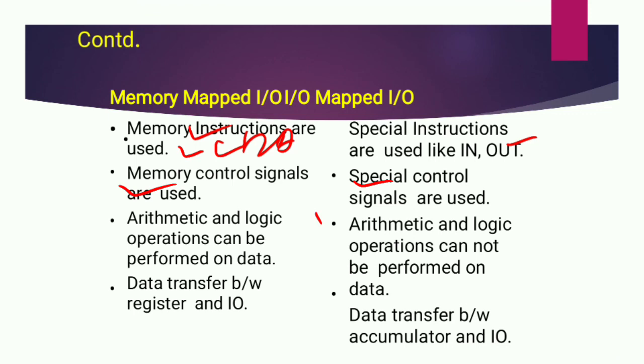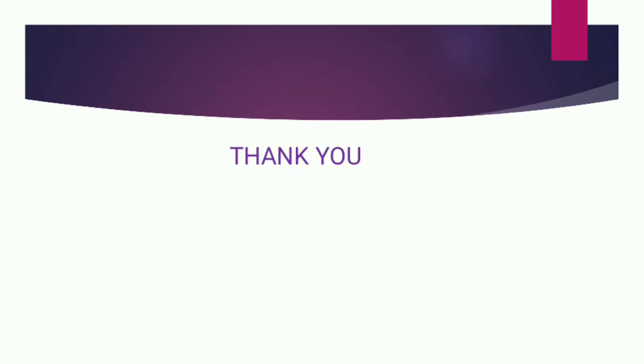In IO mapped IO, ALU or arithmetic logic operations cannot be performed on data. In memory mapped IO, data can be transferred using any register of the processor. In IO mapped IO, data can be transferred only using a fixed register, that is the accumulator. Thank you.